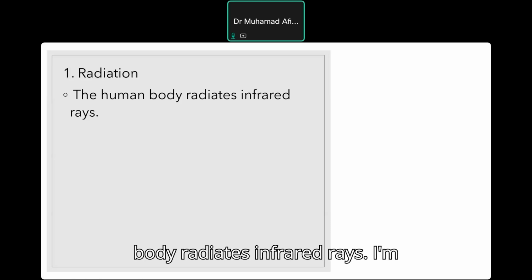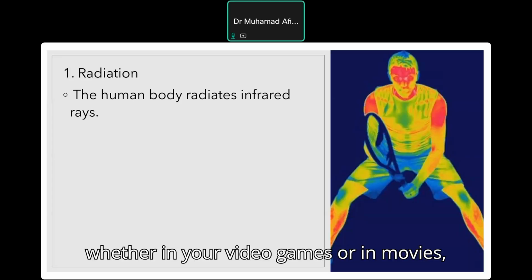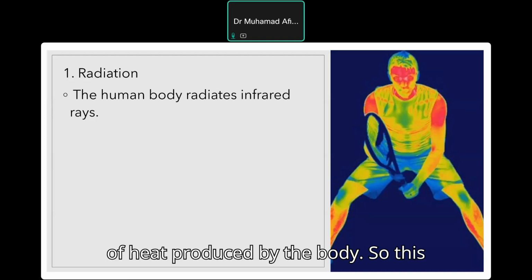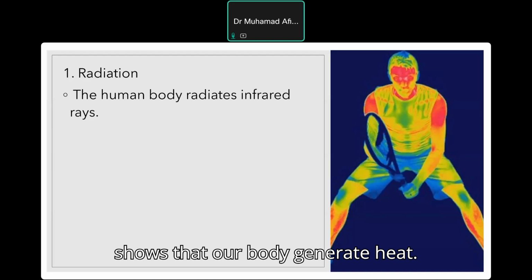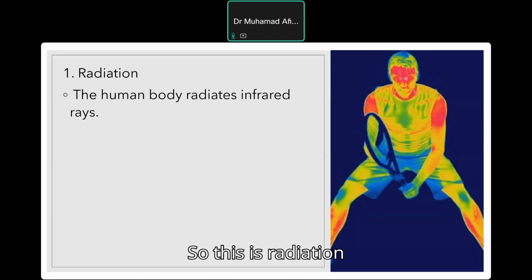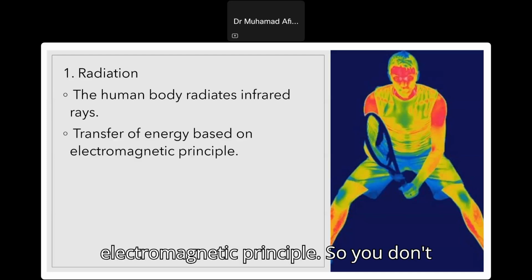The human body radiates infrared rays. I'm sure some of you have seen this before, whether in video games or in movies. They have this infrared camera that checks the amount of heat produced by the body. This shows that our body generates heat, which is then transferred from the skin to the environment. This is the radiation method of heat dissipation, the transfer of energy based on electromagnetic principle.